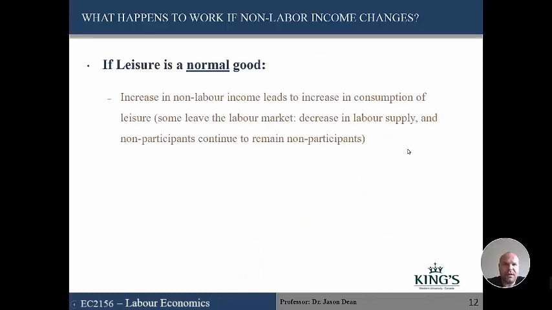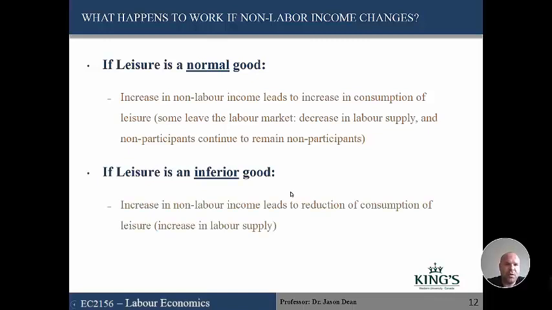Okay, so now let's talk about what happens to hours worked if we have a non-labor income change. So if our YN changes. Well, it depends on whether leisure is a normal or inferior good. If it's a normal good and incomes increase, then the workers or individuals will want to take more of it, will want more leisure.